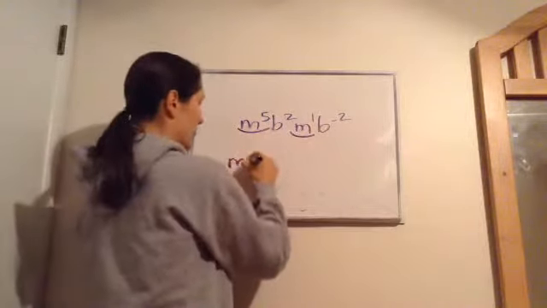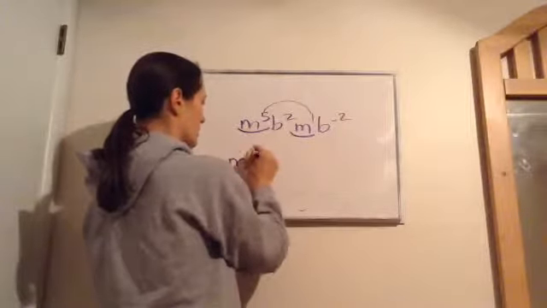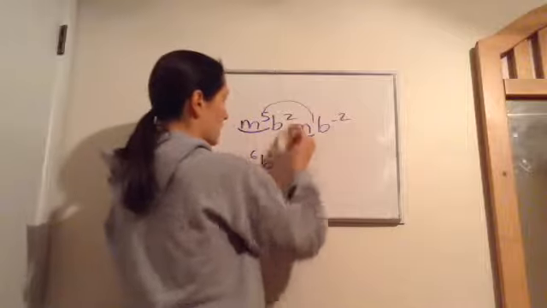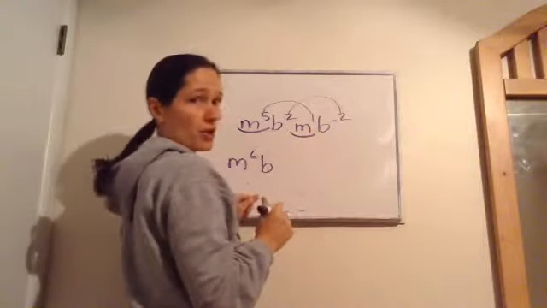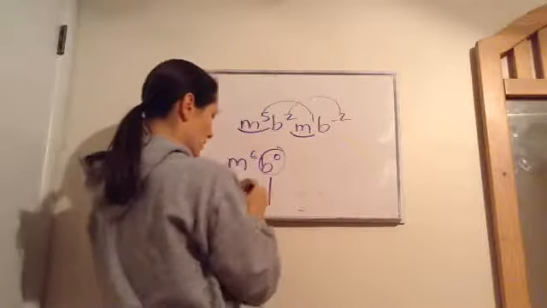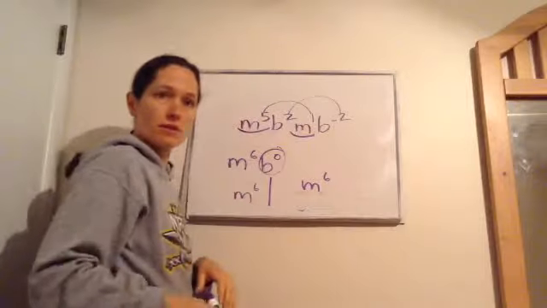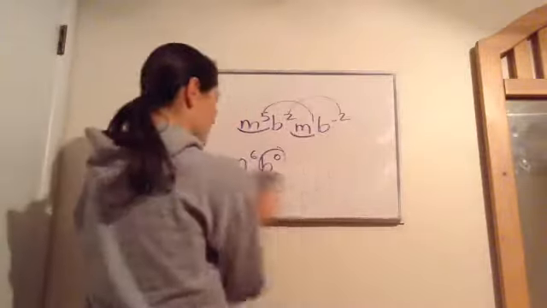So m, and then I've got 5 plus 1, 6. Good. And then I got b, 2 plus negative 2, 0. So this equals m to the 6th times 1, which is just m to the 6th. Okay? Got it? Yep.